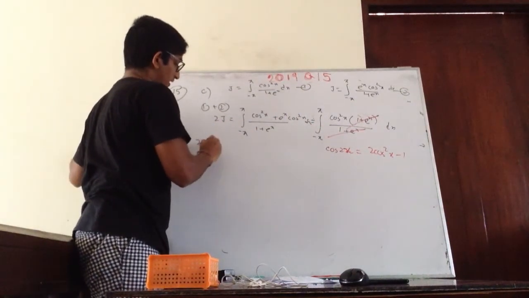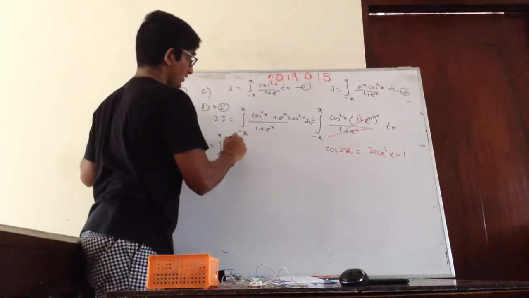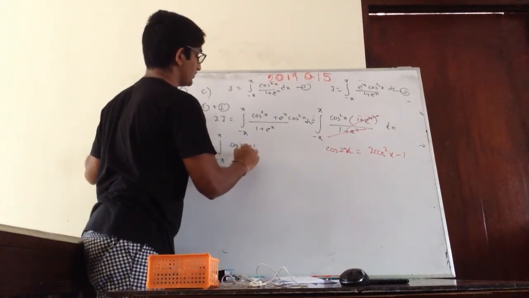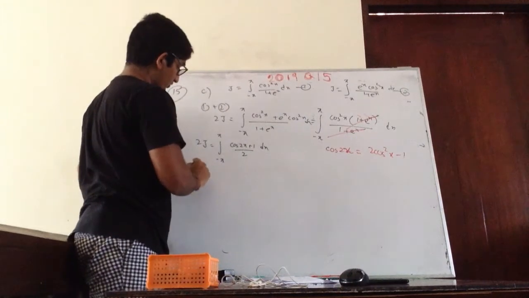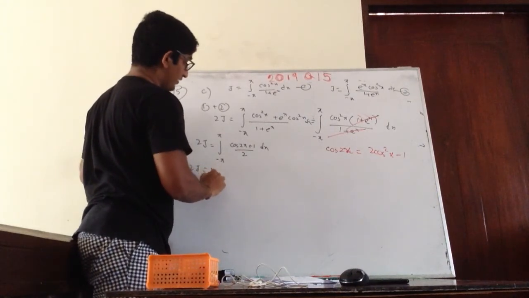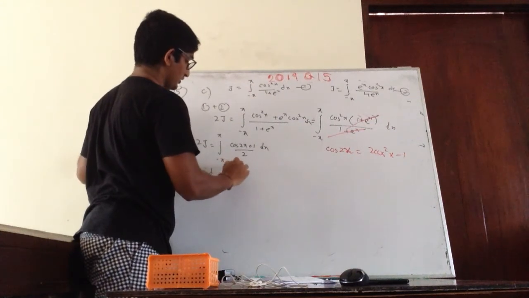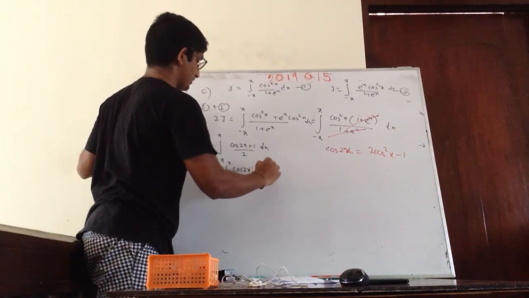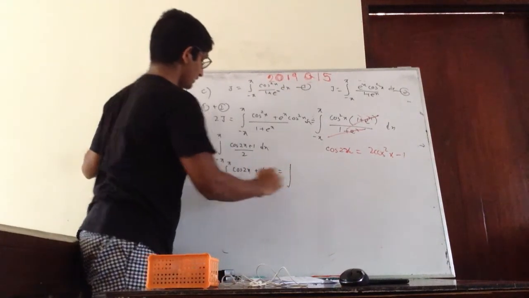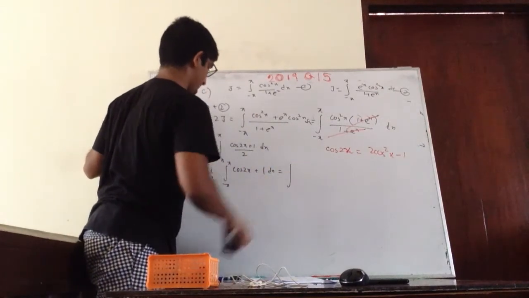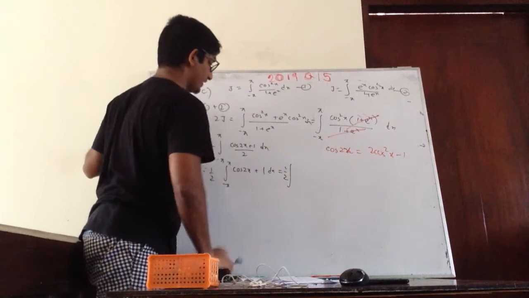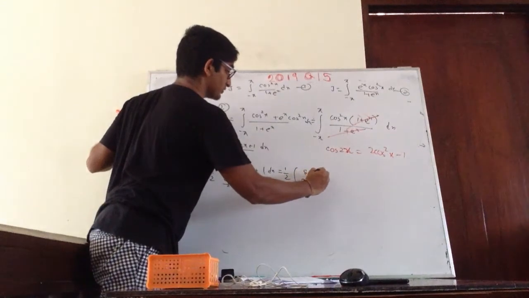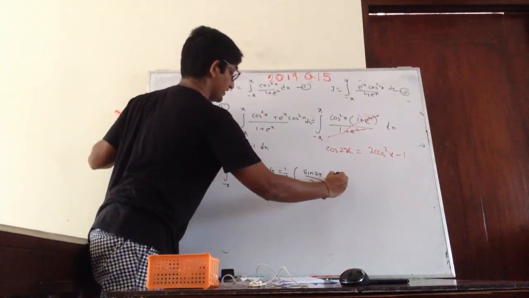Then write 2J as the integral of cos 2x plus 1 over 2 dx. So I'm going to take this half out. Then I'll get cos 2x plus 1. If I integrate this I will get sin 2x over 2 plus x.